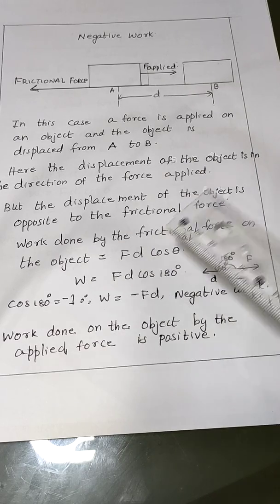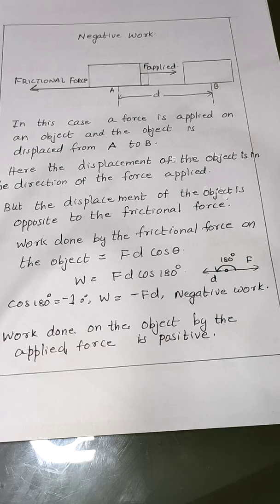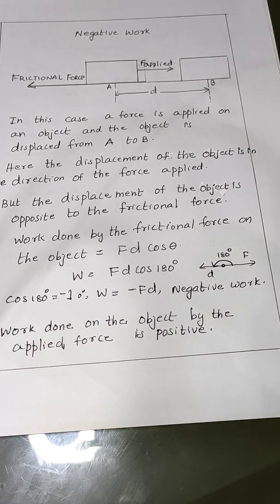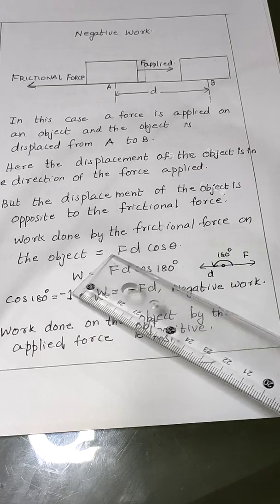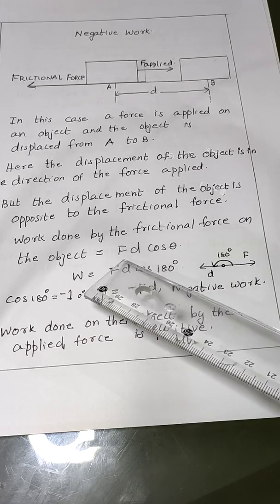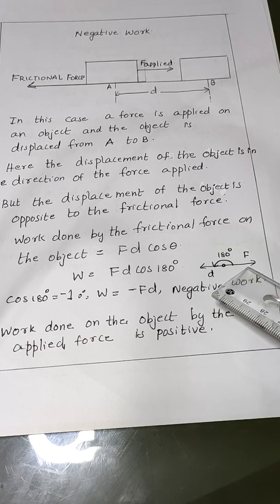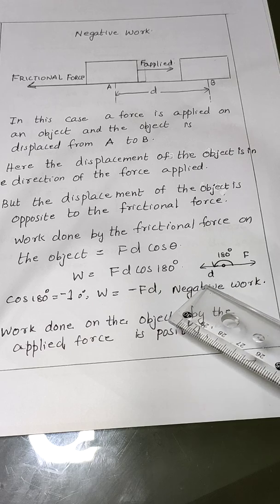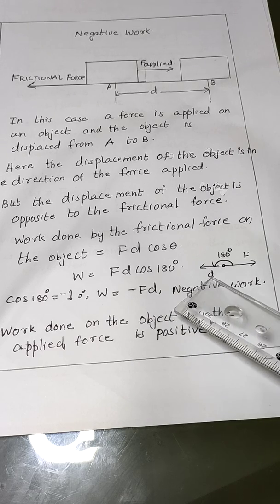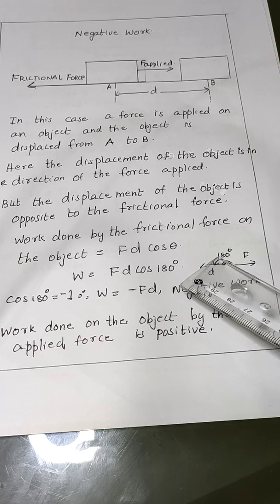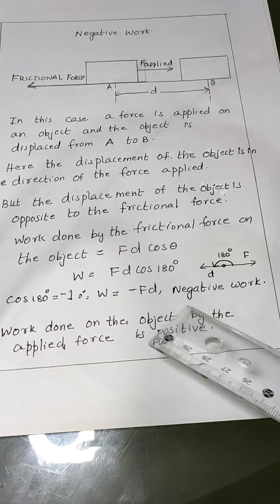So the work done by the frictional force on the object, the general expression is Ft cos theta. Here what is the angle between the frictional force and the displacement? Since they are opposite, the angle has to be 180 degree.